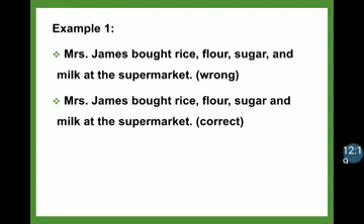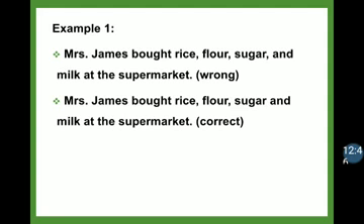So we can separate them. So we know rice, we know flour, sugar is just before the word and, so we know that sugar is one by itself, and the milk is one by itself. So no comma is placed after sugar.